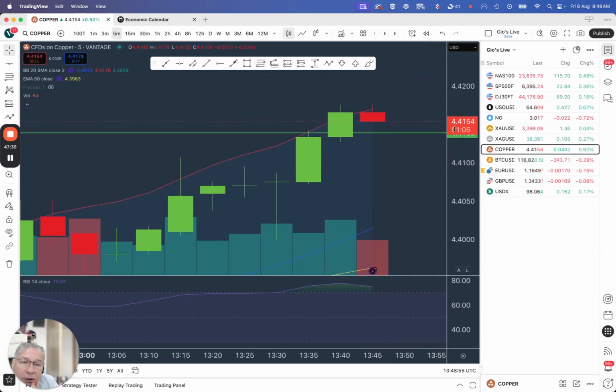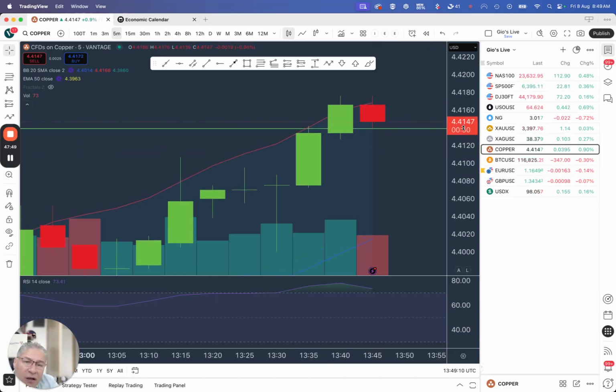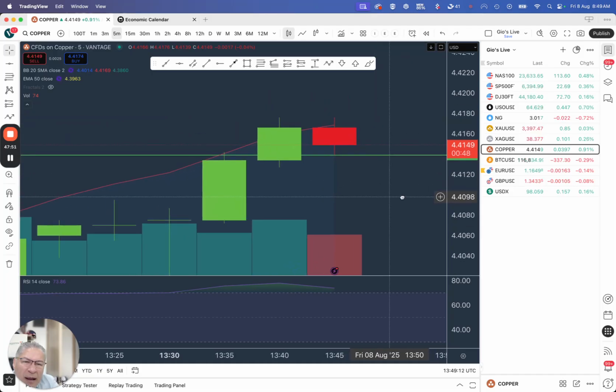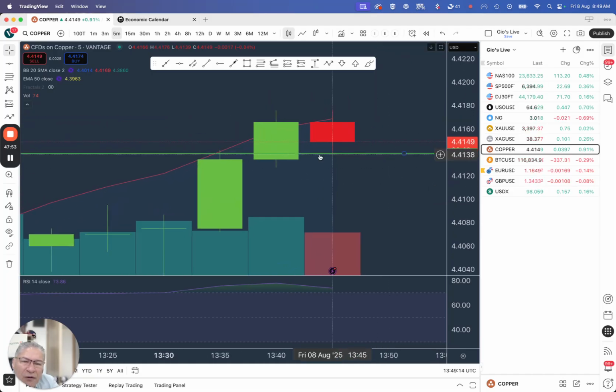As far as copper goes, our first level of resistance, which is our first target, has been met and surpassed. Now we have the market pulling back, doing a throwback. It has rebounded off our now support level, previously resistance. So am I aggressive enough to have taken that trade as a reversal, and my target will be that swing high?